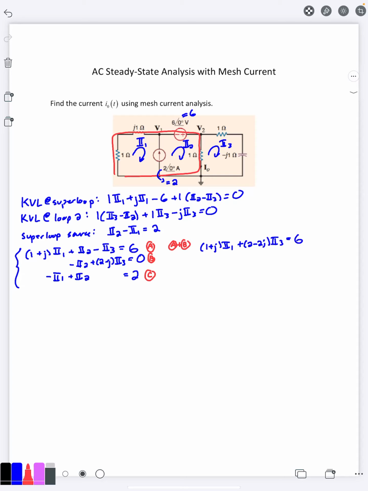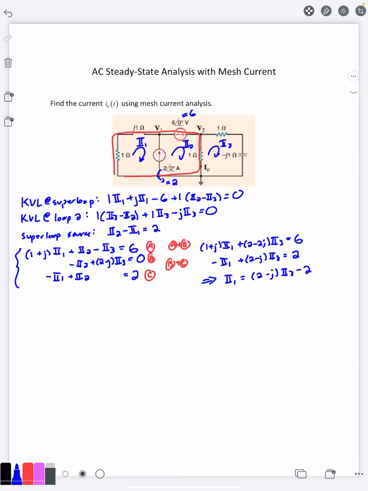And if I add together B and C, I would get the negative I1, I2's cancel out, 2 minus j I3 equals 2 here. So that means in the second equation, I can solve for I1, move it to the right, move the other part to the left. I'd have I1 equals 2 minus j I3 minus 2. Okay, more clear, this is our arrow here.